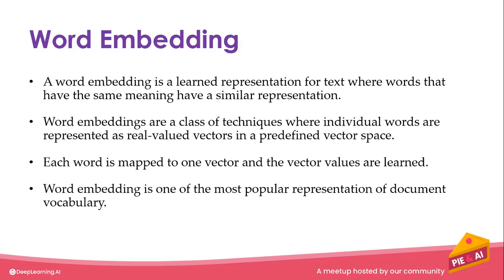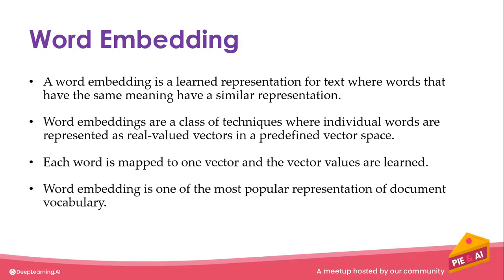So now we are diving deeper. We are going towards a class of techniques where all the individual words will be represented as real valued vectors in a predefined vector space. Instead of the word just being a number, it is now going to be a vector in an n-dimensional space. You may have heard about pre-trained word embeddings.